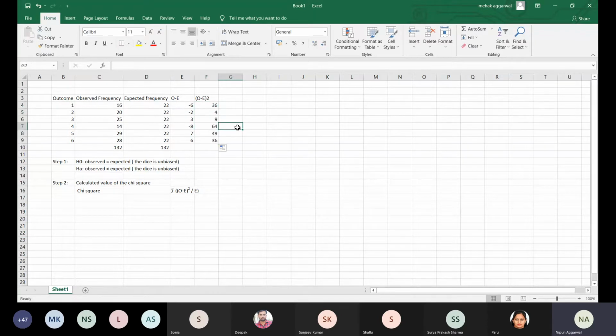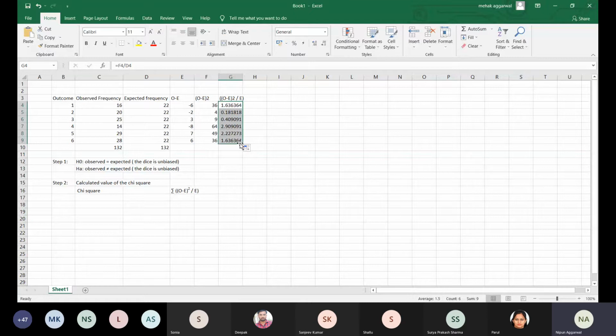Now we have to calculate observed minus expected square divided by expected, using the expected column. This gives your observed minus expected square divided by expected values.